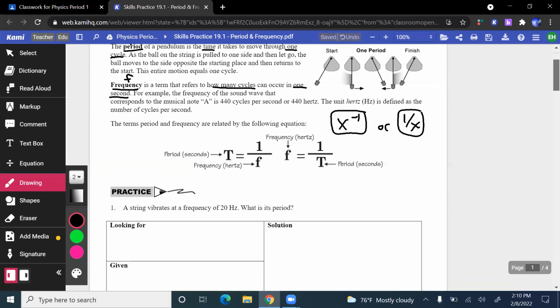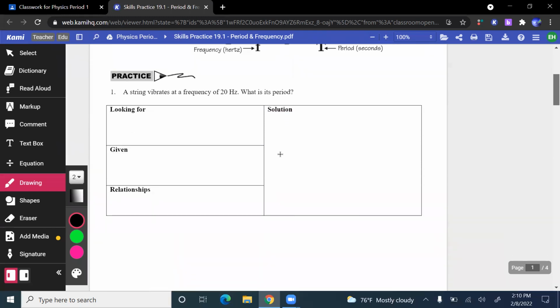All right, let's begin. Number 1, a string vibrates at a frequency of 20 hertz. Well, Hz is the abbreviation for hertz, so you are given frequency. We're looking for period. The equation is period is the inverse of frequency.